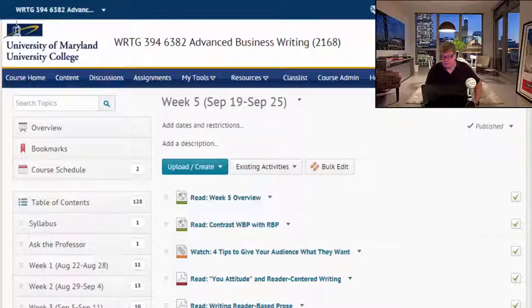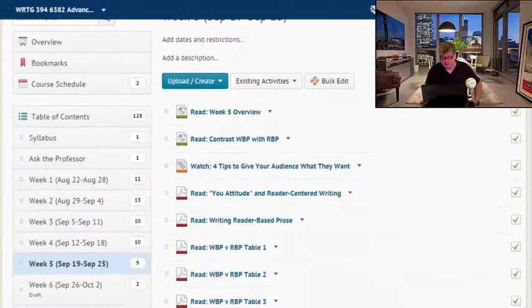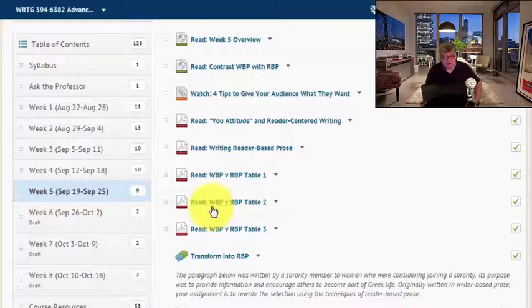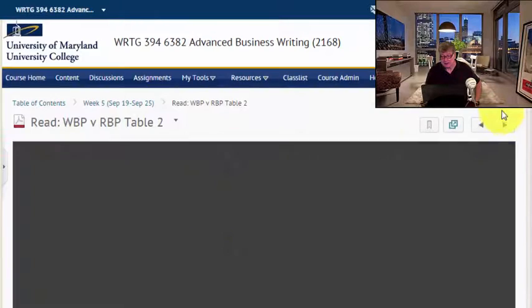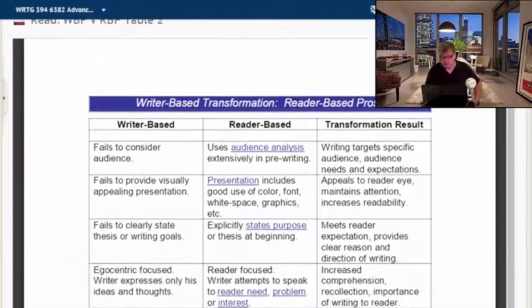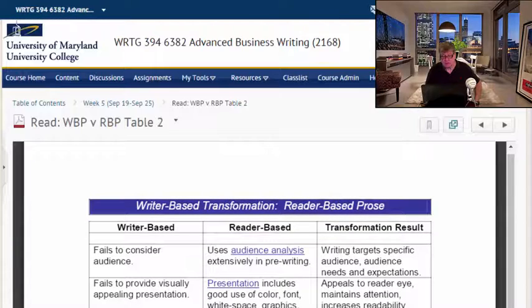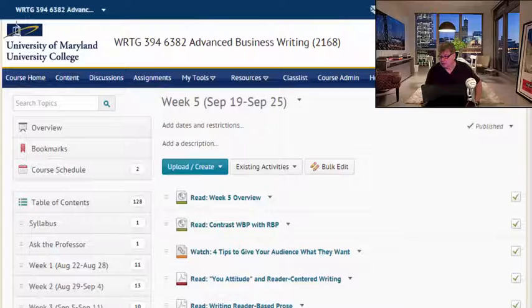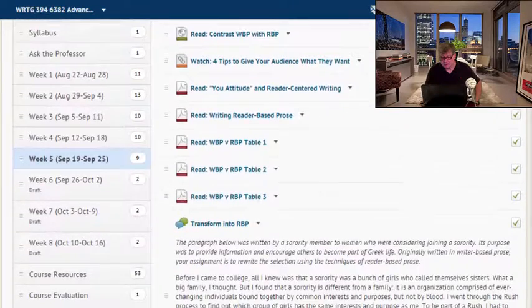The writer-based prose, which is more characteristic of student writing or novice writing, and then the workplace standard, which is reader-based prose. So these are some really good tables for you to take a look at that will also help you understand these differences.